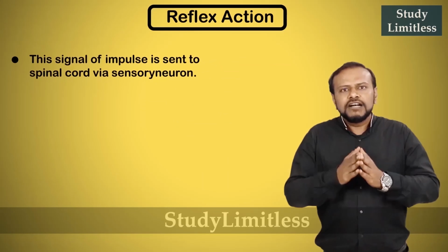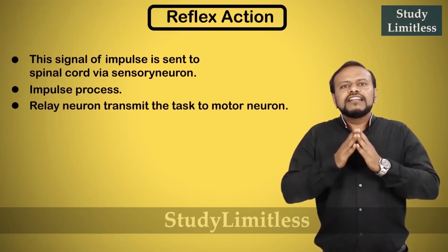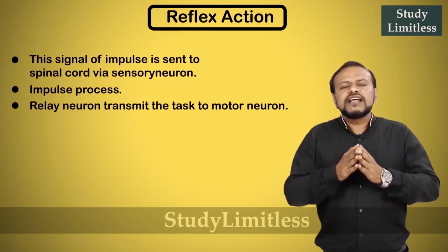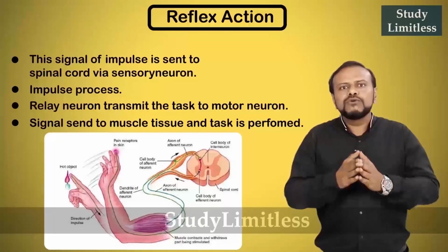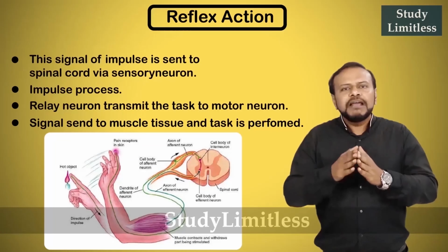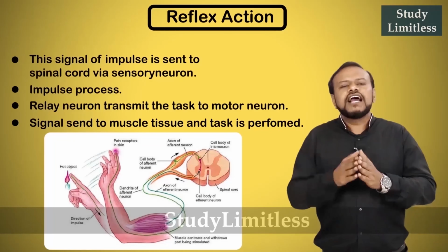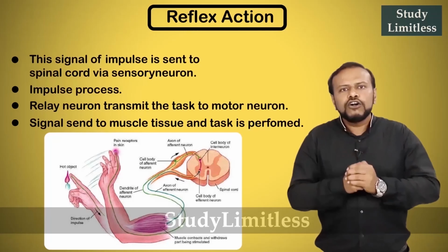Once it reaches the spinal cord, the impulse is processed and the relay neurons transmit the task through motor neurons and send the signal to muscle tissues, and hence the muscles immediately relax, as a result of which we immediately remove our hand on touching a hot object.